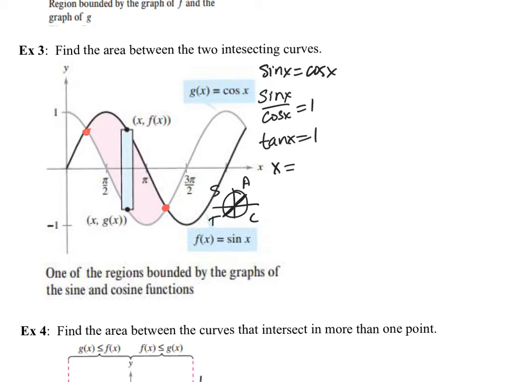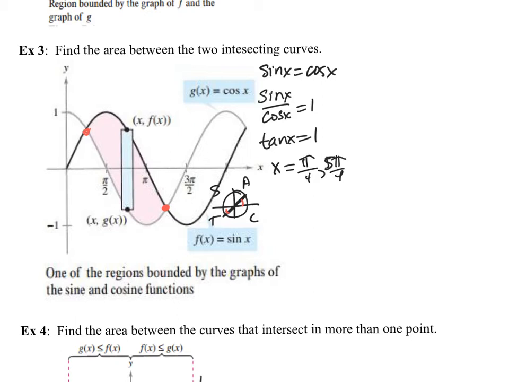Everything is positive in quadrant 1, and then tangent only is positive in quadrant 3. So tangent x is equal to positive 1 when our angle is pi fourths, and then again at 5 pi over 4. So x is equal to pi fourths, and then at 5 pi over 4.